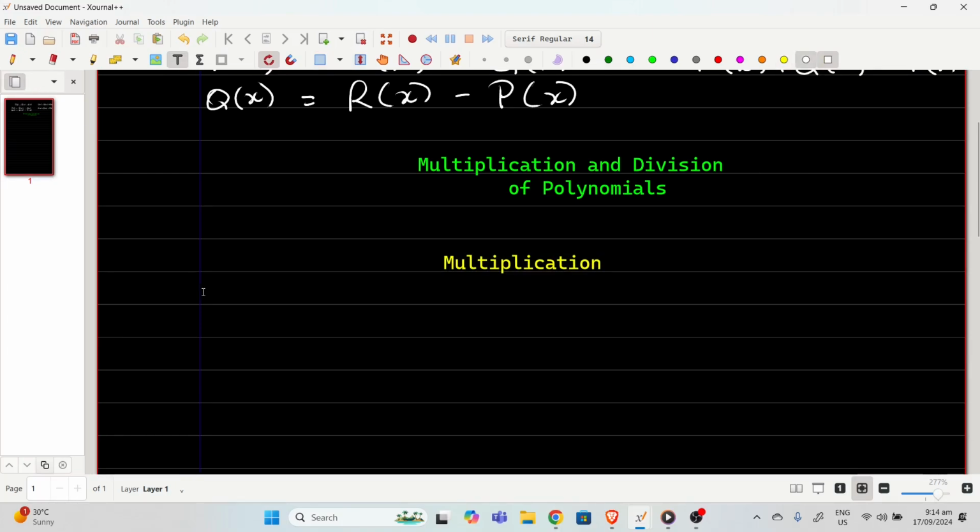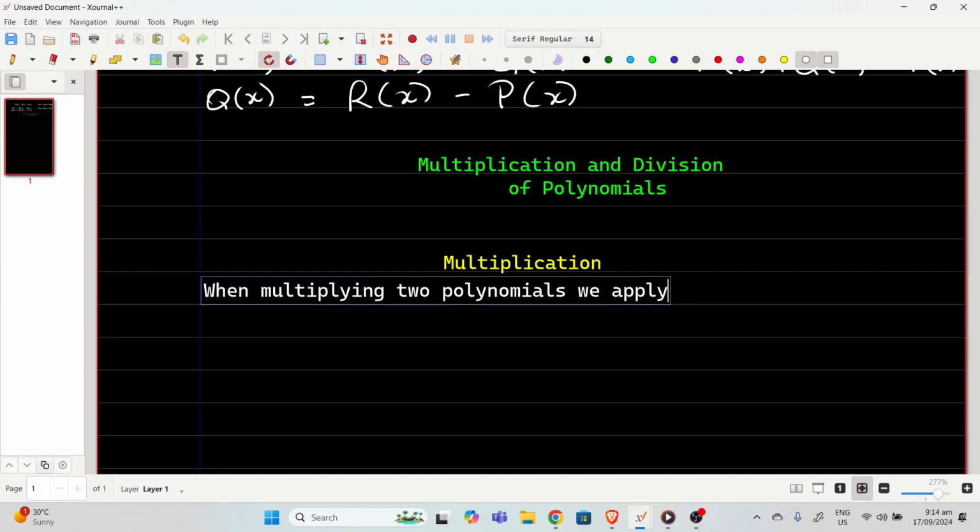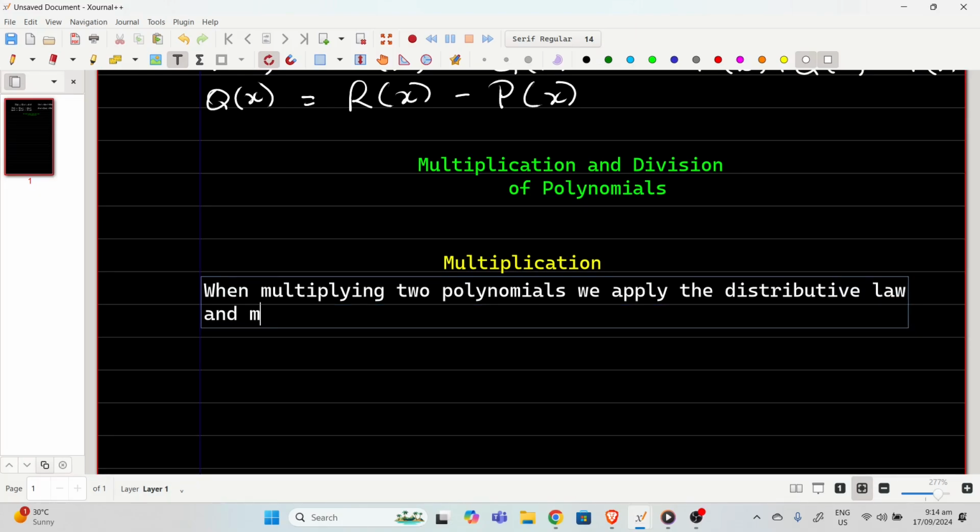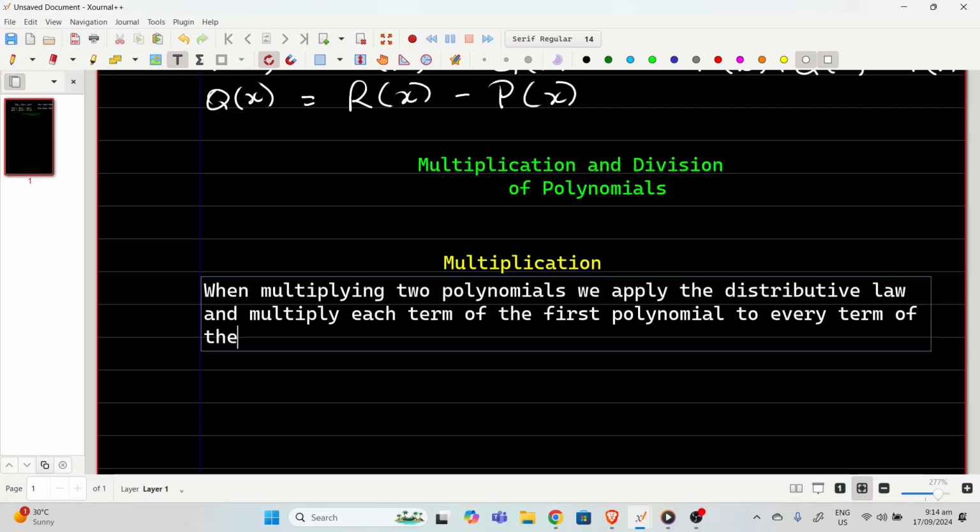When multiplying two polynomials, we apply the distributive law and multiply each term of the first polynomial to every term of the second polynomial.